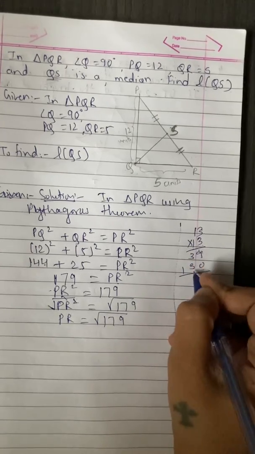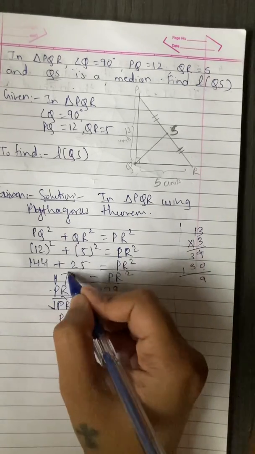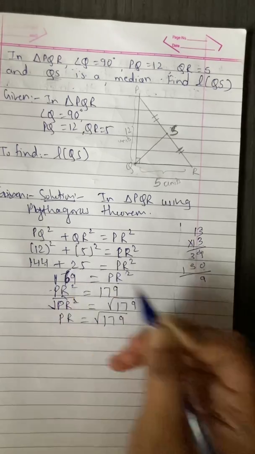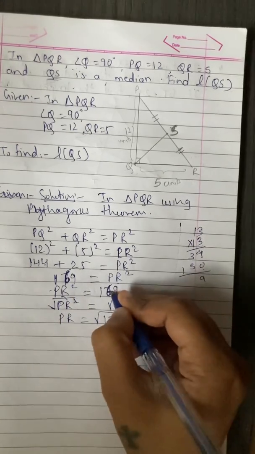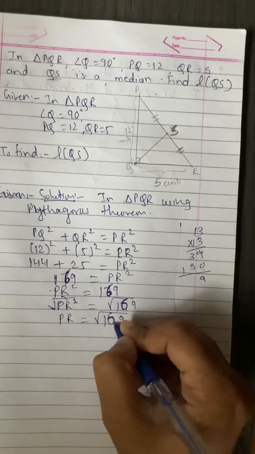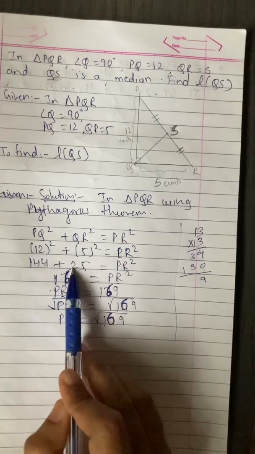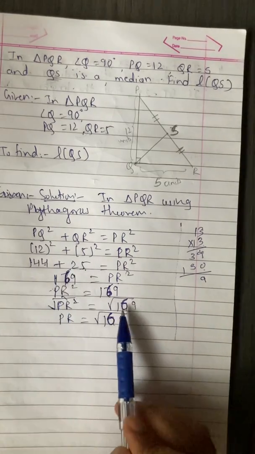So 9. Wait, here I have made a mistake. It is not 179, it is 169. Sorry. So this is how we make silly mistakes. It is 169. Yeah. So 5 plus 4 is 9, 4 plus 2 is 6 and 1 as it is.